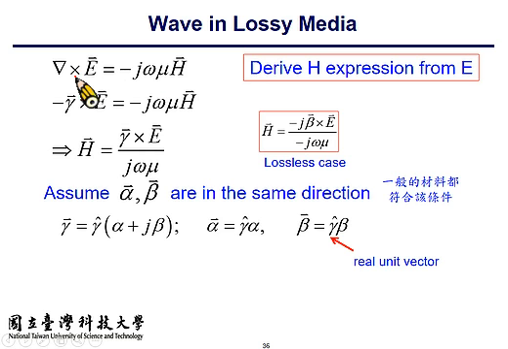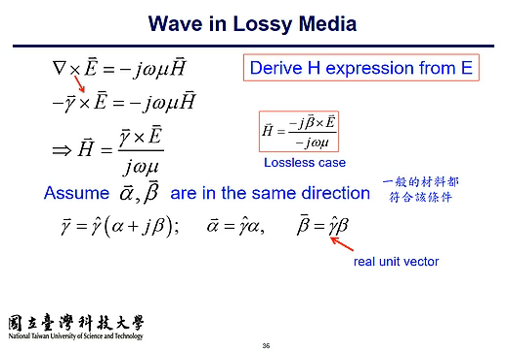All right, so Faraday's law can be substituted with this, so that the magnetic field H representation can be found as gamma cross E divided by j omega mu. And in this last case, gamma can be substituted with minus j beta.